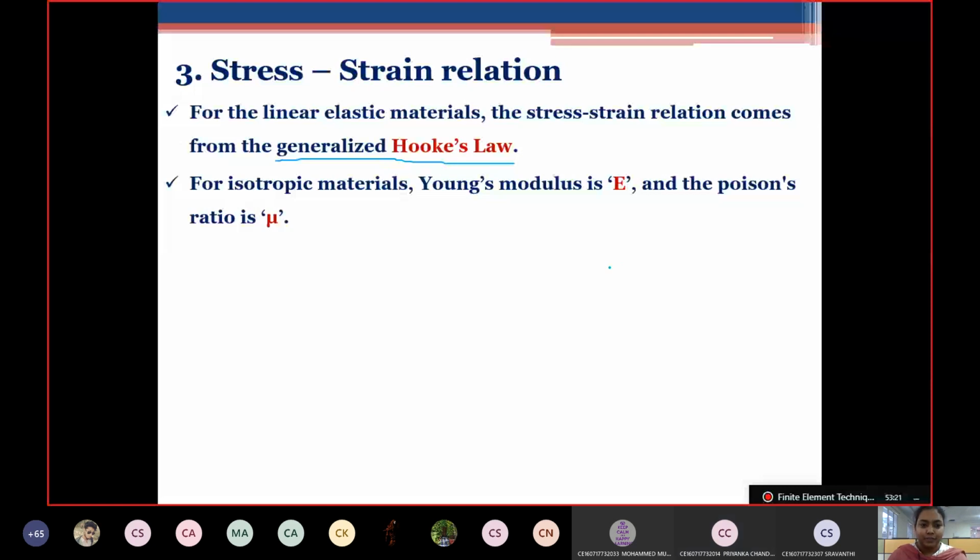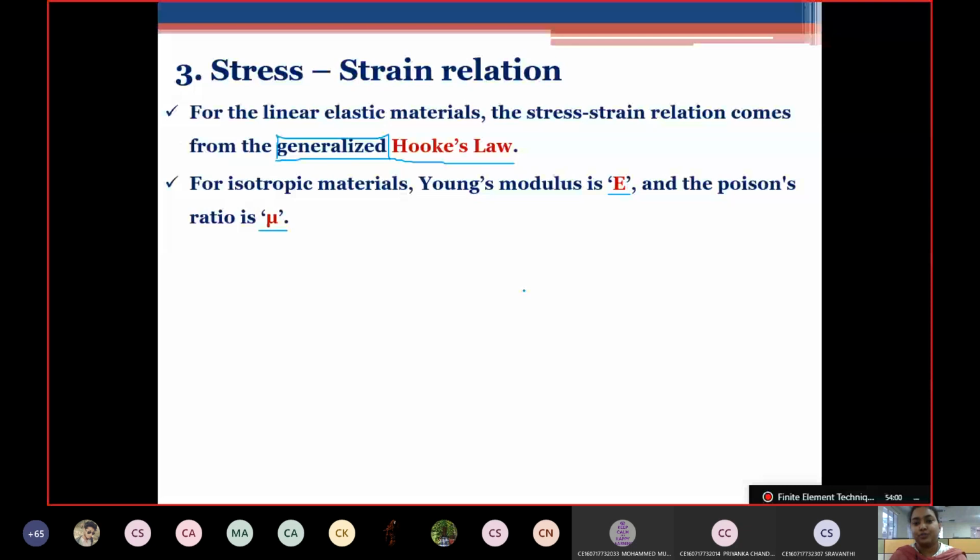Now, there is something called generalized Hooke's law. Are you aware of it? No, ma'am. All right, generalized Hooke's law is relating the stress and the strains, or expressing the stresses and the respective strains in terms of material properties.